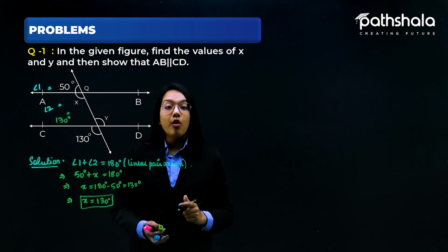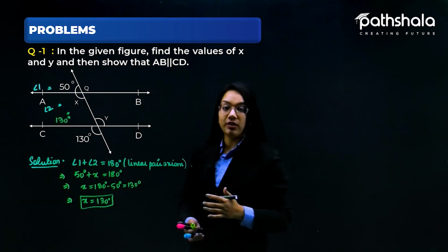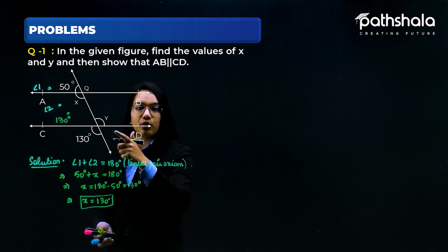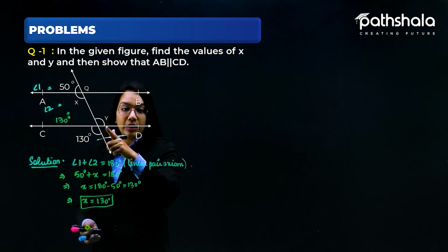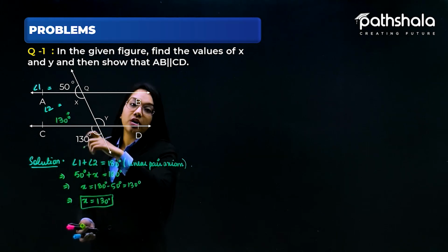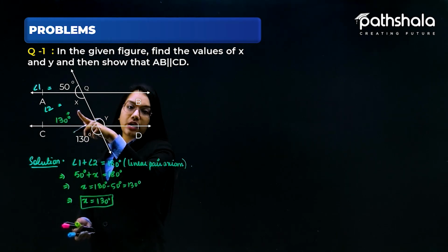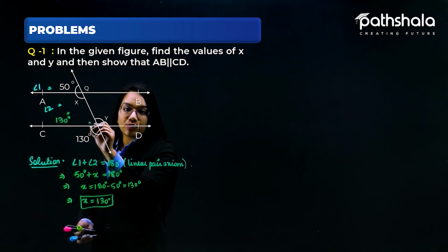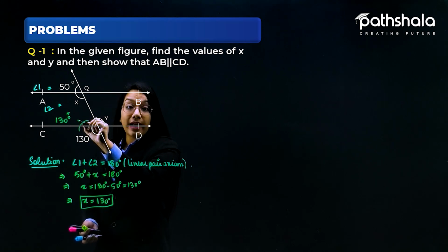Now we just wanted to find the value of y. But before that, we can see that this angle is coming out to be 130 degrees. Moreover, let us find this particular angle and call it angle 3.